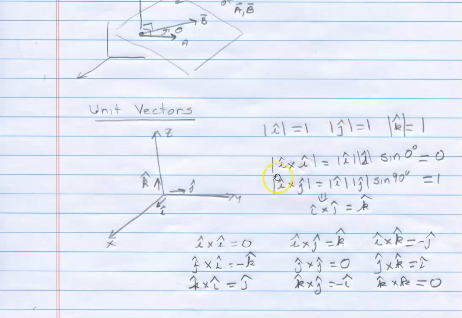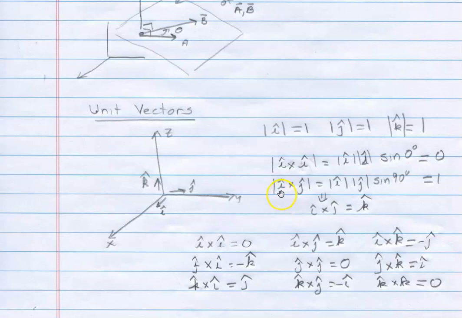I can take any cross product, i hat cross i hat, for instance, and I can compute what the magnitude of the resultant vector is, because it's the magnitude of the first times the magnitude of the second times the sine of the angle between them. But if I have two unit vectors i hat, they're parallel, and so the angle between them is 0, and the sine of 0 is 0.